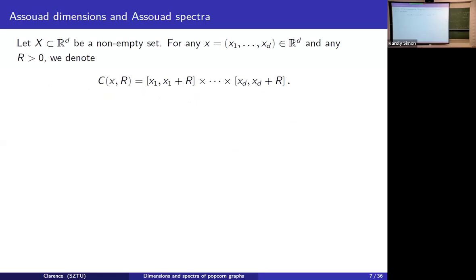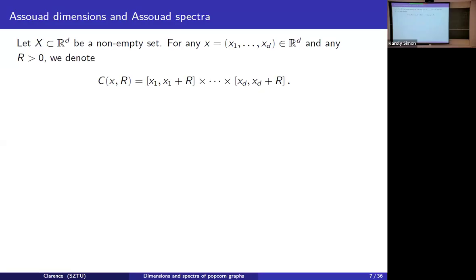As for the R-squared dimension, another important dimension in this talk is the R-squared dimension. Well, I think some of us know the definition of the R-squared dimension in the ball setting. However, in this talk, we will adopt the R-squared dimension determined by cubes instead of balls.